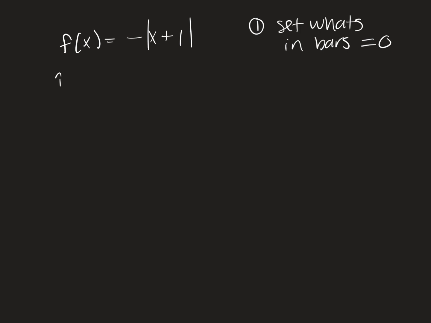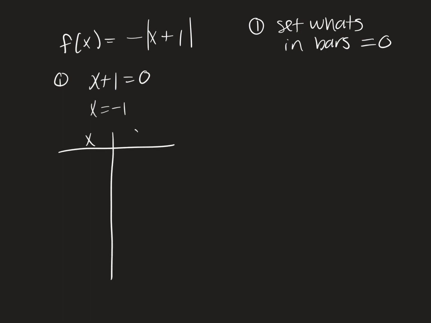Just what's inside. So x plus 1 equals 0. So negative 1 is going to be the vertex of our V, like the pointy, sharp part of our V. Okay? So negative 1 is in our middle.